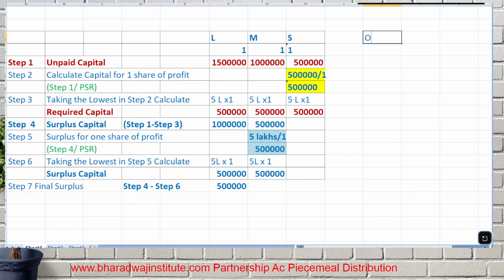So what is the order of payment? Up to rupees 5 lakhs, only to L. Up to the first 5 lakhs, to whom should you pay? Only to L. Next 5 plus 5, the next level surplus, is in step 6. 10 lakhs to whom?